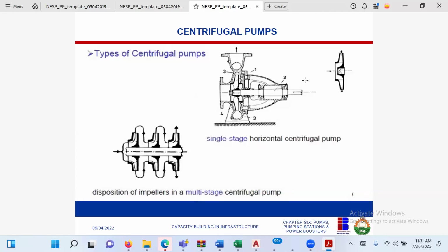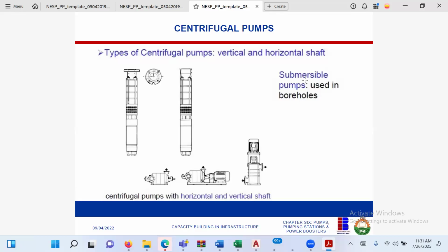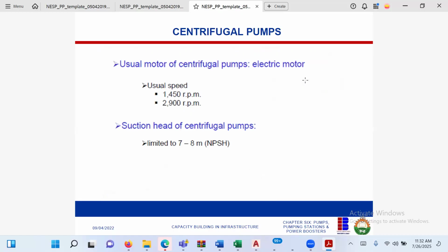It can be horizontal, single stage, or multi-stage. Take water, pump it, give it more pressure. Then it can also be submersible pumps, which can be used in a borehole. It still works with centrifugal technology.